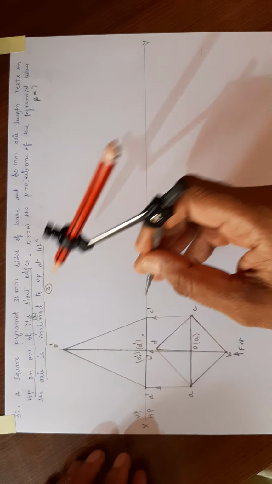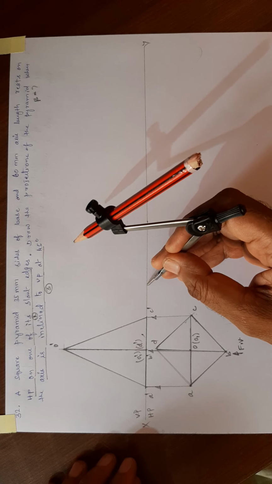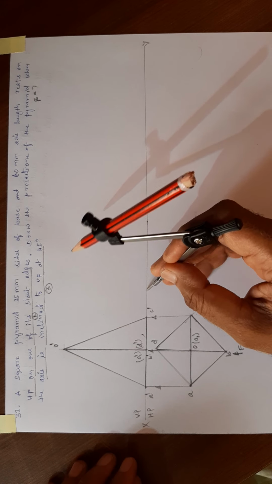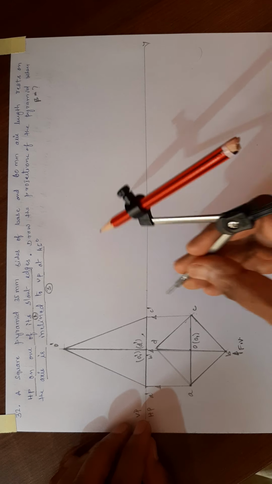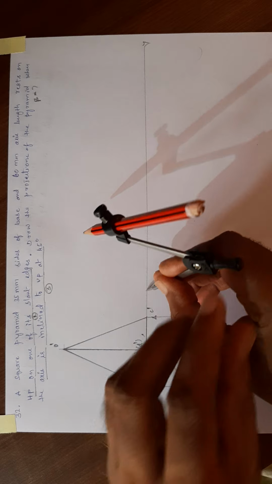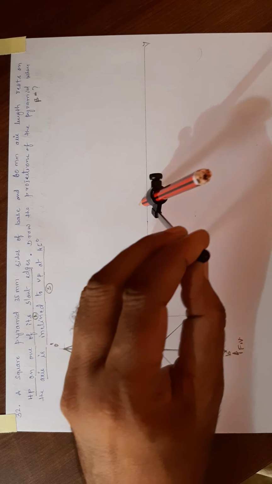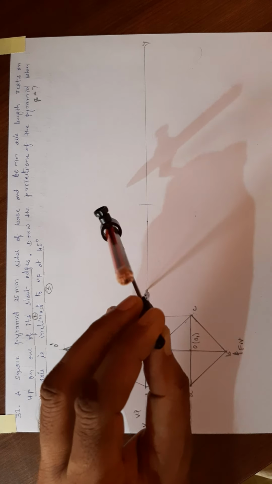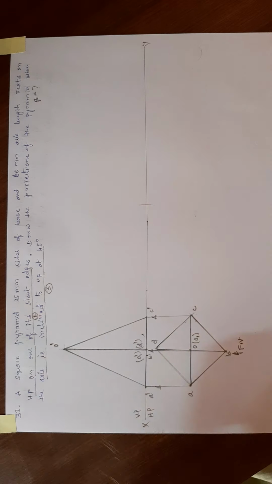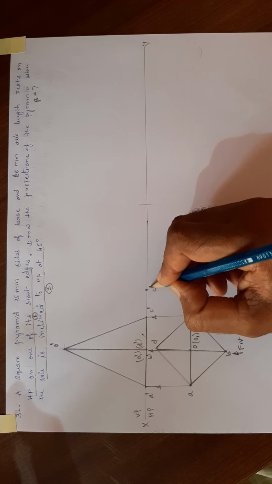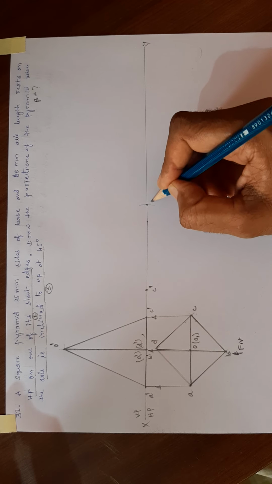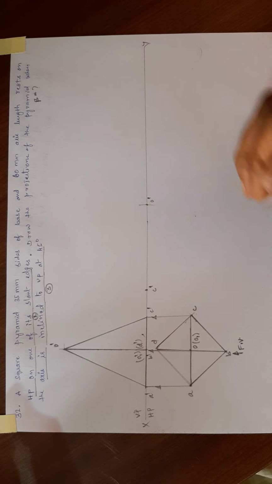Keeping the compass at the XY line somewhere, this is the point, and cut the XY line. Now we'll get this point as C dash and this point as O dash.